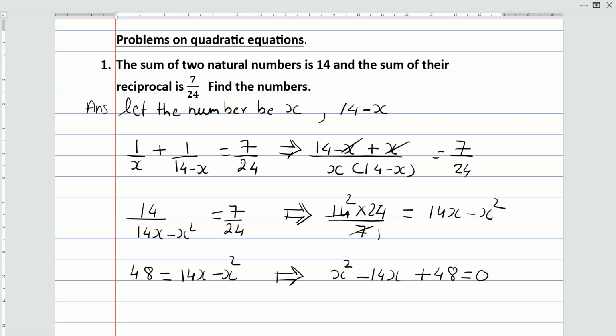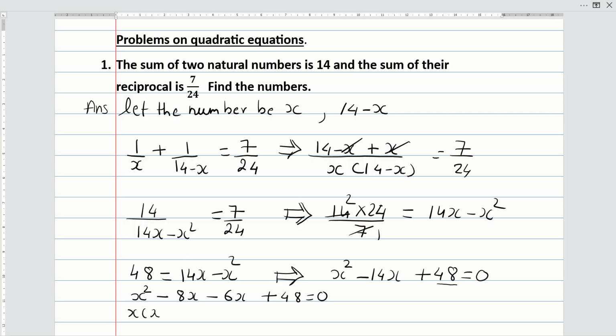As far as we can see, 6 eights are 48 and minus 6 minus 8 is minus 14. So we are successful in splitting the middle term. So it is x square minus 8x minus 6x plus 48 is equal to 0.